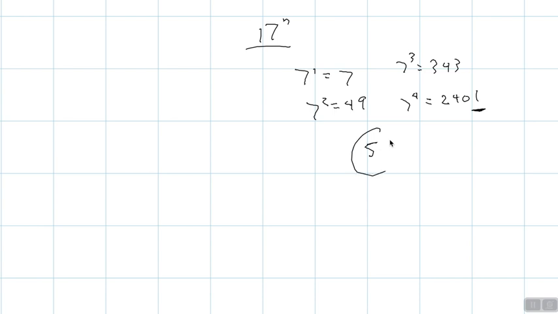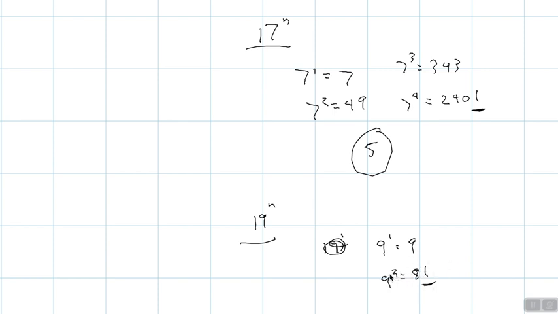And lastly, looking at 19 to the n. So here, we're looking at 9. So 9 to the 1 is 9. 9 squared is 81. And then it just cycles over. So here it's multiples of 2.